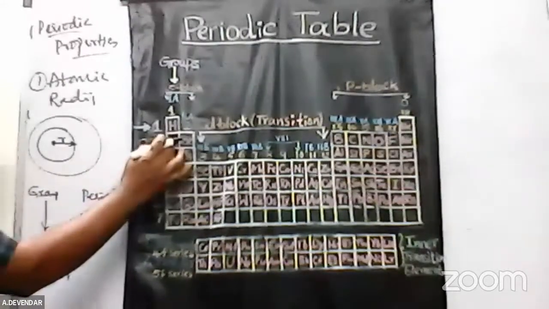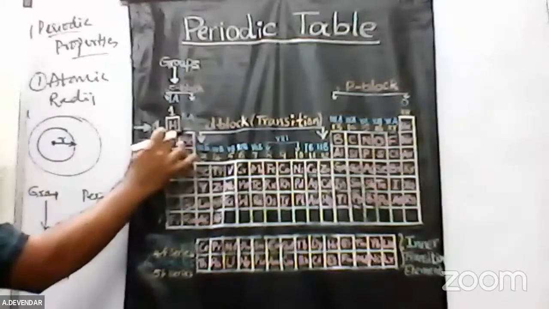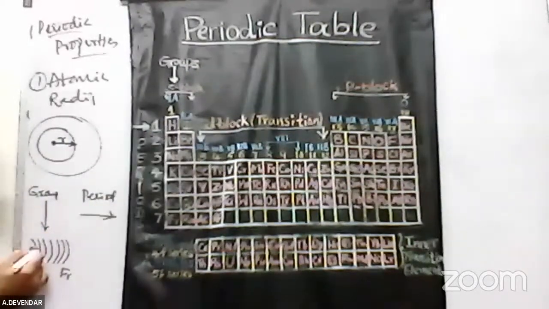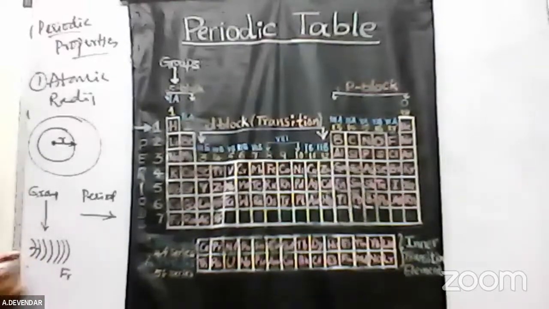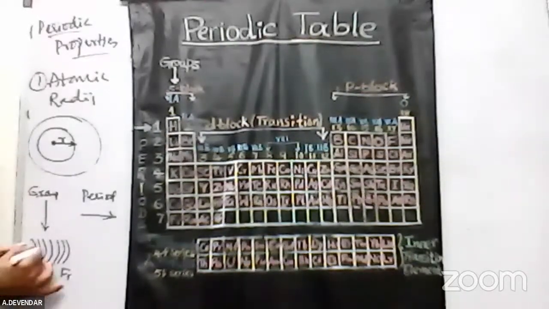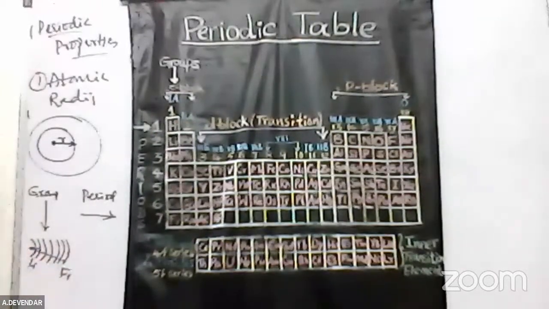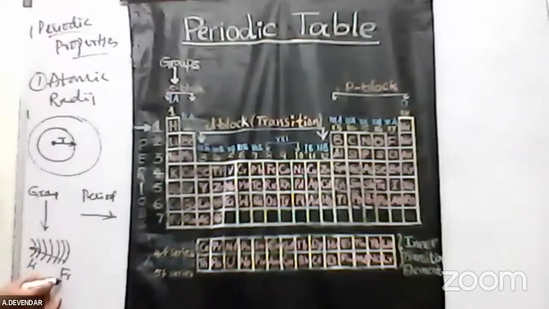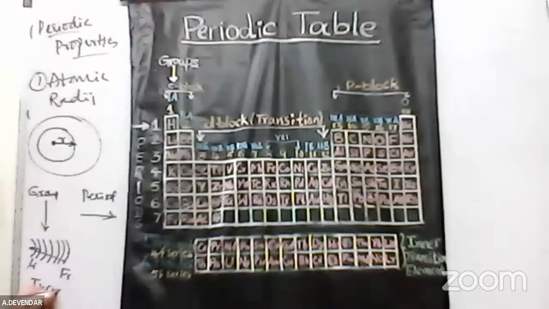Lithium is 1s2, 2s1, the second element. The atomic radius is from the nucleus to this one. Francium's atomic radius is this much size. From lithium to francium, the size in the group increases.